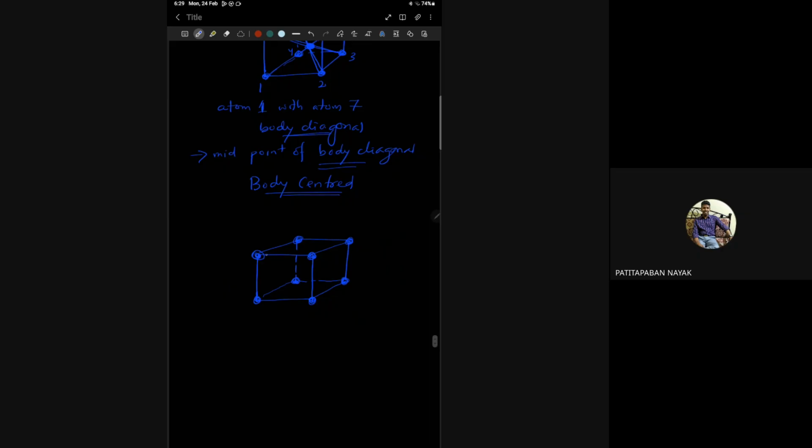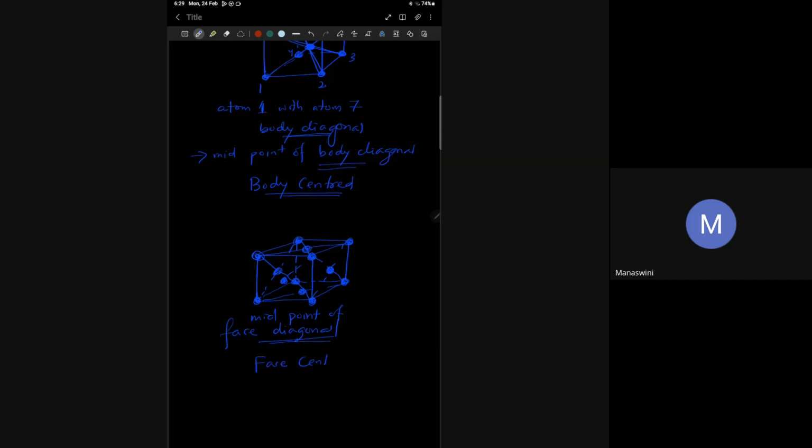And if atoms exist at the midpoint of the face diagonal, for example here, here, here, here, here, then this is called face center.